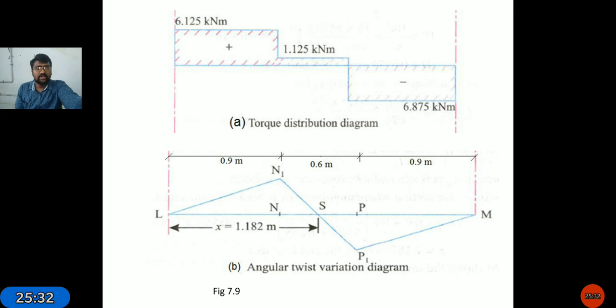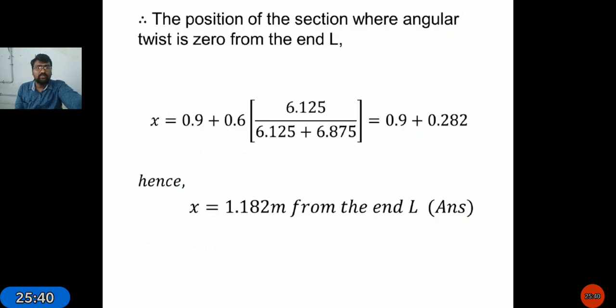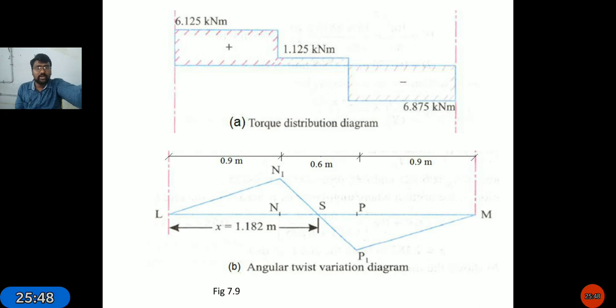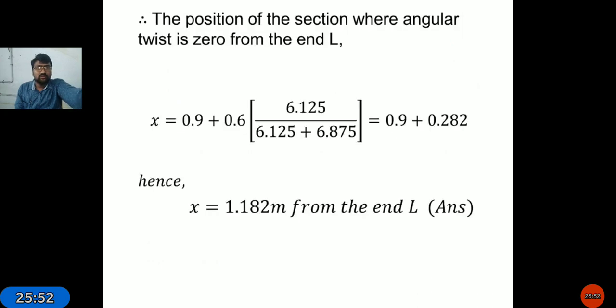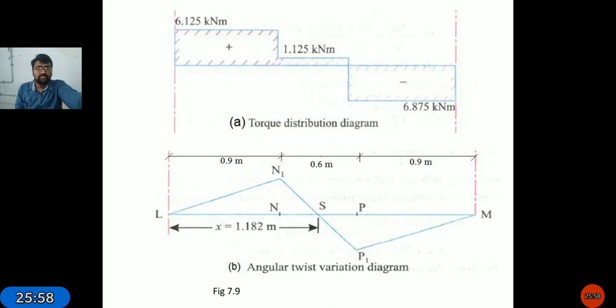We need to calculate the distance from L to S. The distance is 1.182 meters from the point L. The position of the section where the angle of twist is 0 is calculated in this manner. X equals 0.9 plus 0.9 plus we need to calculate this distance, 0.6 into 6.125 by 6.125 plus 6.875.